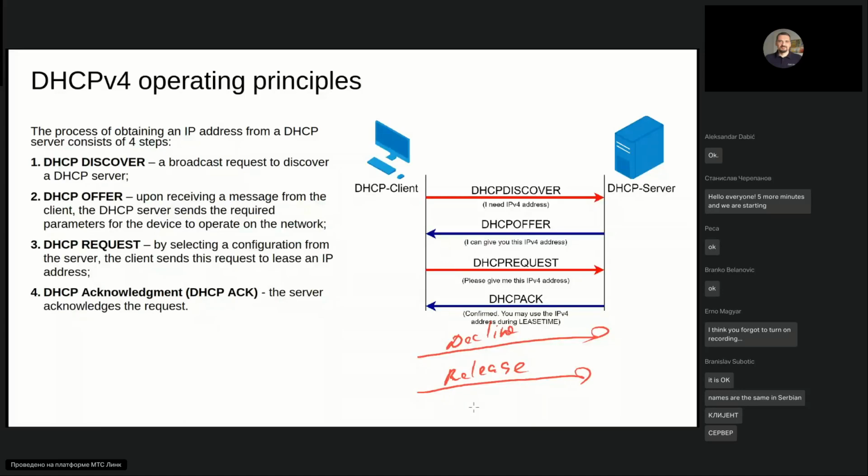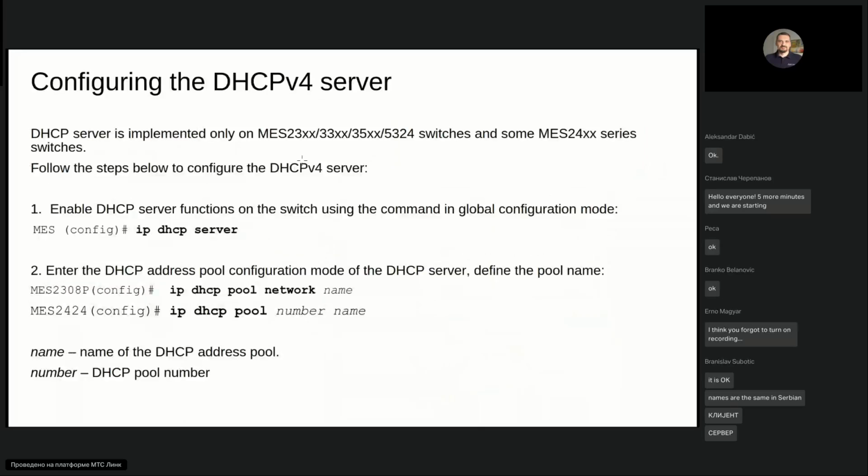It says to the DHCP server, I don't need your IP address anymore. You can give it to whomever you want. So thank you, I don't need it. So this is what the messages in DHCP are like.